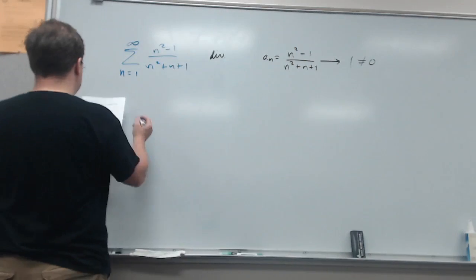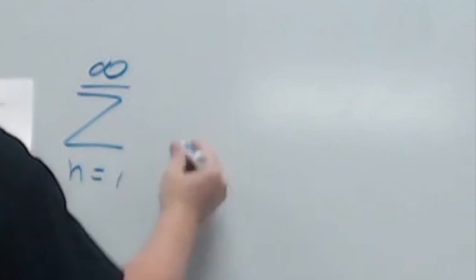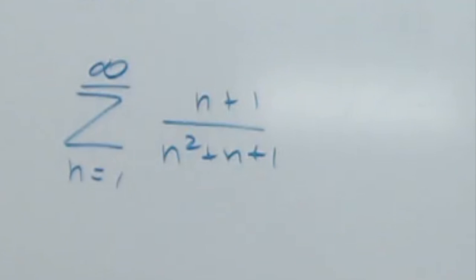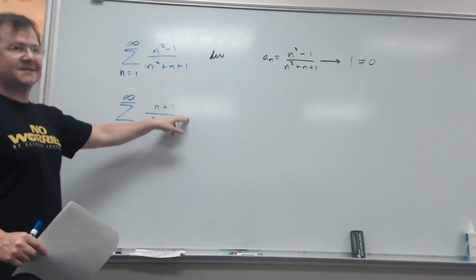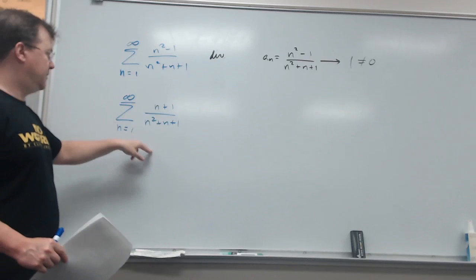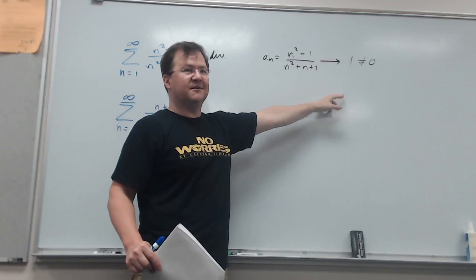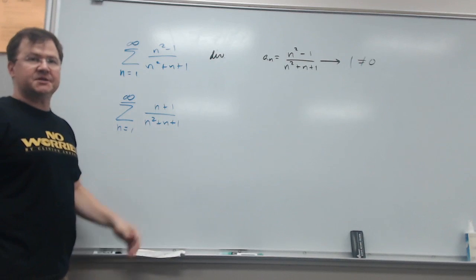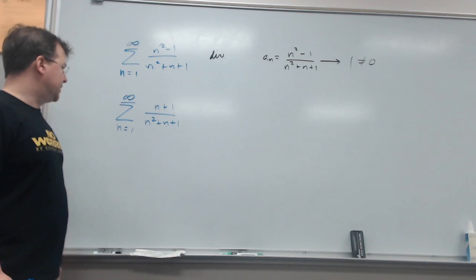All right. Second one, we have the sum from 1 of n plus 1 over the same denominator. In this case, the sequence itself actually does go to 0. So the divergence test doesn't really tell us that it diverges. It just says it could potentially converge, right?